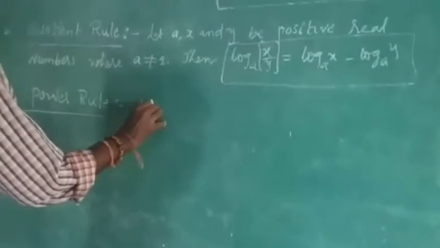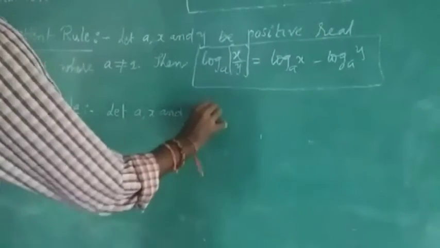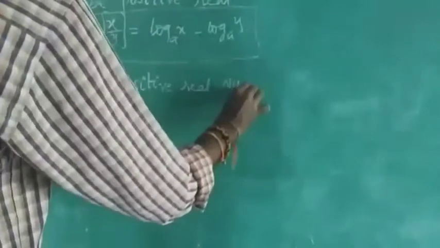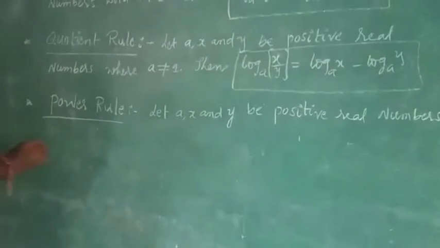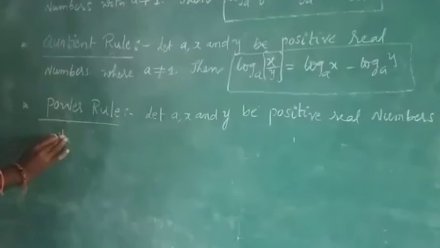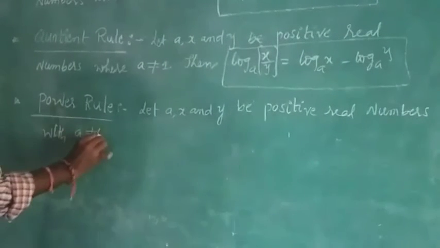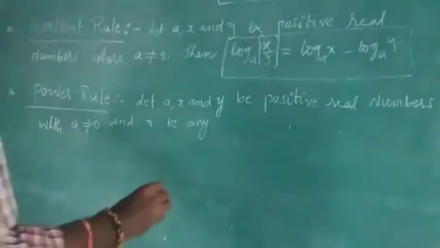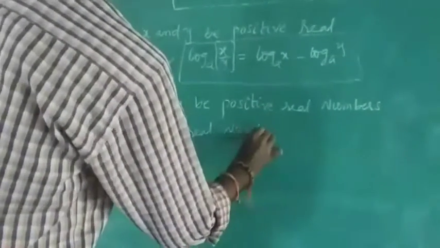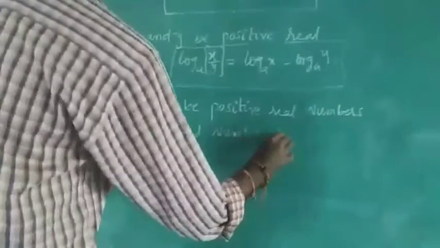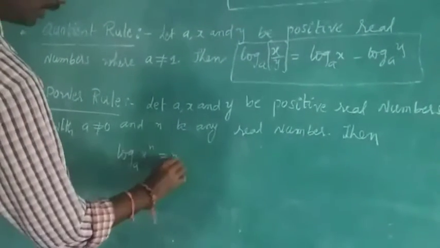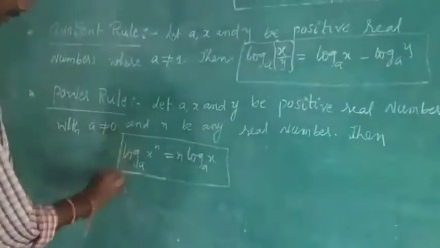Similarly, let a, x and y be positive real numbers with a not equal to 1 and n be any real number, then log base a of x to the power of n is equal to n into log base a of x.